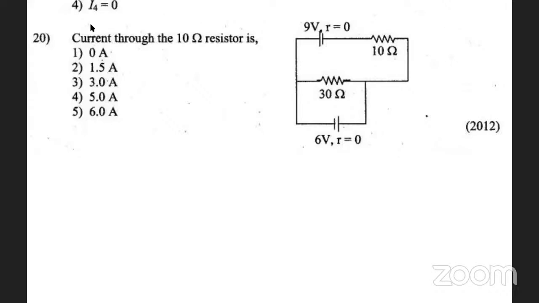The question here, 2012, they are saying, what is the current through the 10 ohm? That's the question. So, what you need to do is see whether you can choose a loop which includes only that resistor. They are asking for the current through the 10 ohm resistor, so we don't have to take I1, I2, I3, no need.